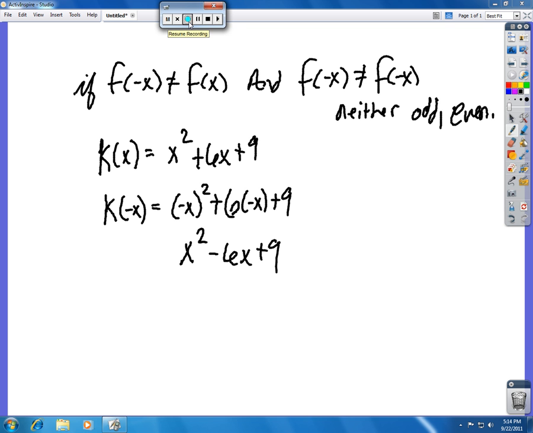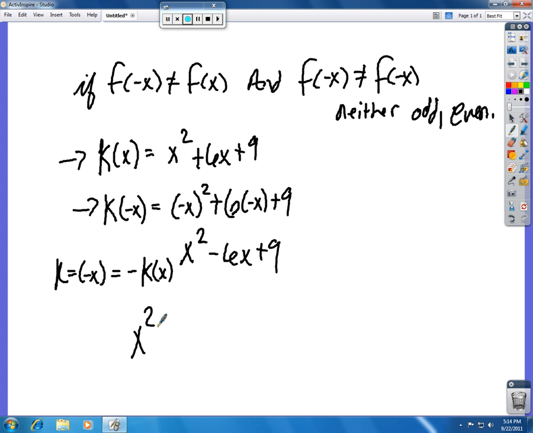Now we just have to check if this is equal to negative k of x. So we're going to take this function and simply pass a negative through it. Think of it as negative 1 being multiplied to each one of these.